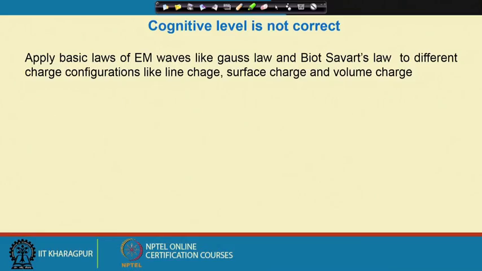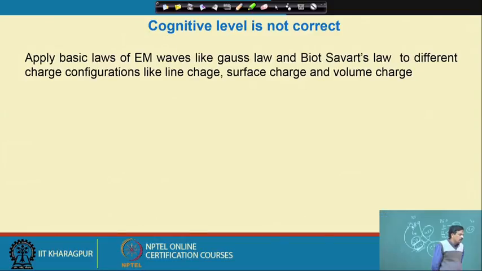Okay. So, these course objectives are not in proper design. The cognitive level is not correct. If you see, "apply law of EM waves to different charge configurations," this objective's cognitive level is not correct. "Apply Newton's second law of motion" is not an application level. This is the means, or based on.